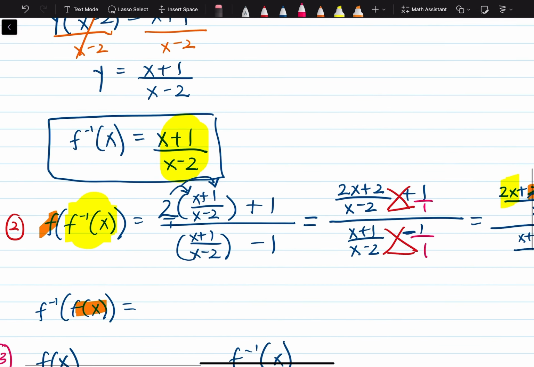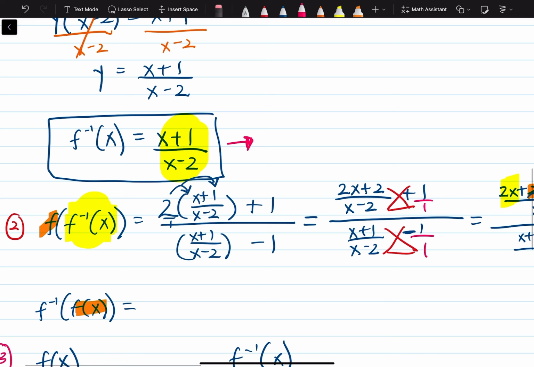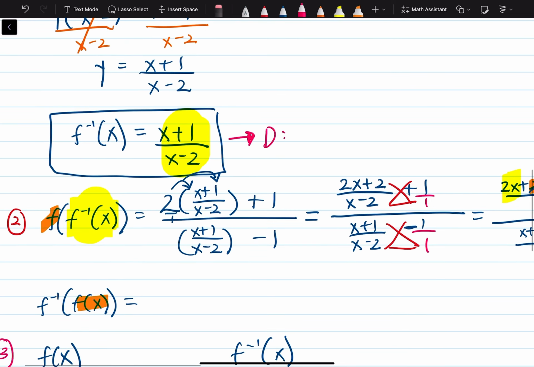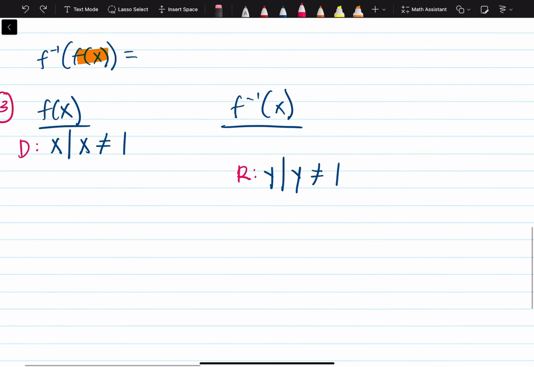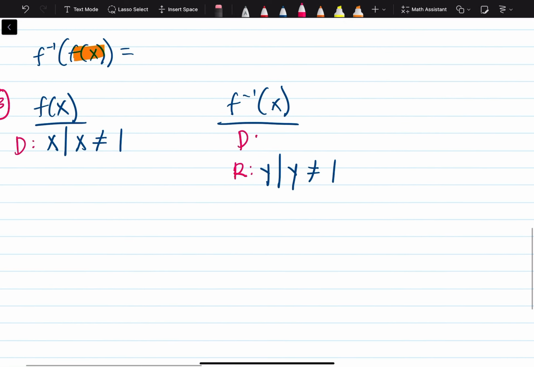So now let's define the domain of f inverse of x. Well, the domain of f inverse of x is x such that x cannot equal +2. Because if I substitute in +2 into this function right here, I'm going to get 0 in my denominator. So my domain of my inverse is x such that x cannot equal +2.